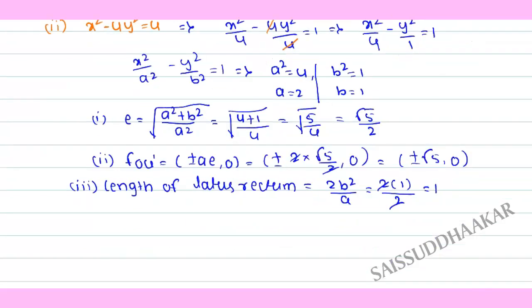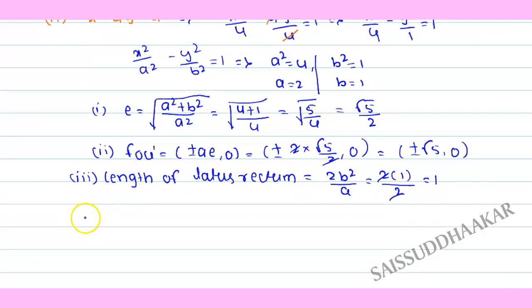And coming to the fourth point, the equation of the directrices. X is equal to plus or minus a by e.